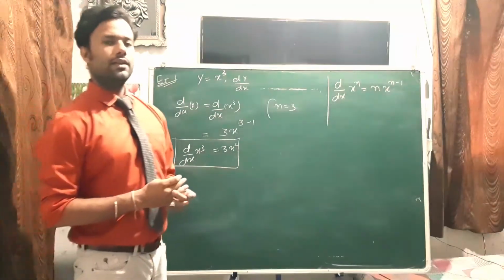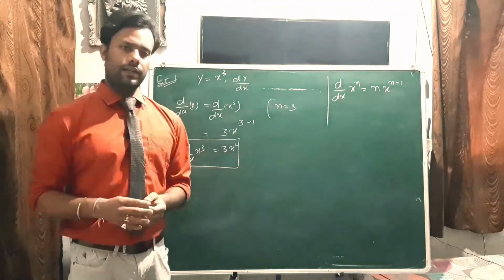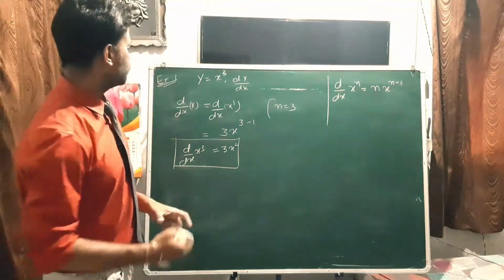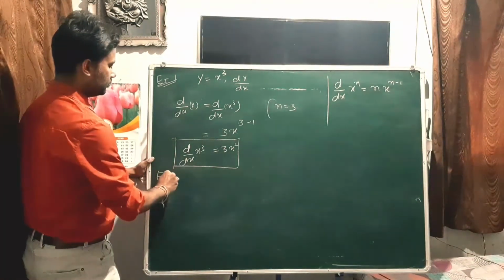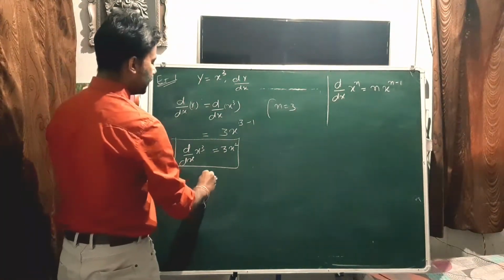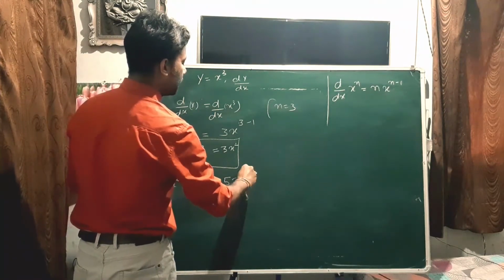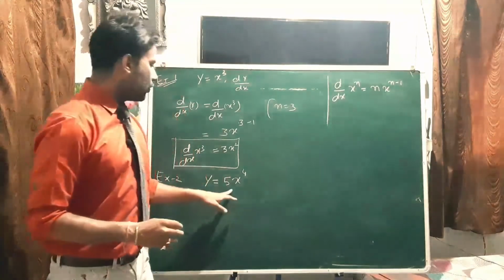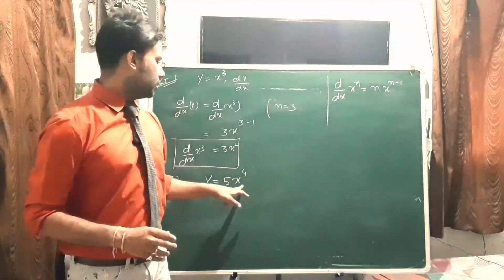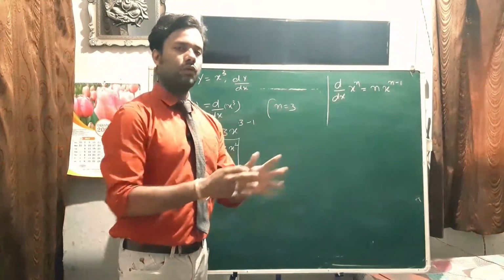Now let's take another example when some constant is in multiplication with x. Okay. Let's say example number 2. Suppose the value of y is 5x to the power 4. When any constant is multiplied with the function, we take that constant out of the differentiation.